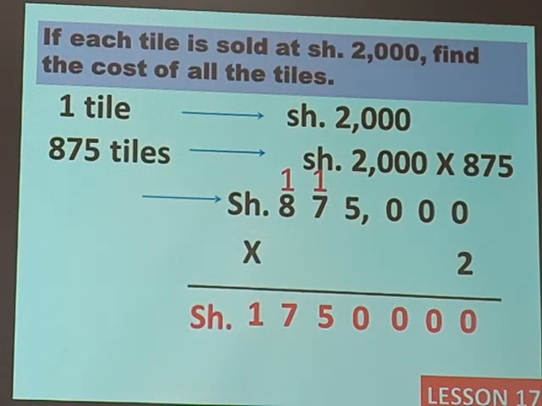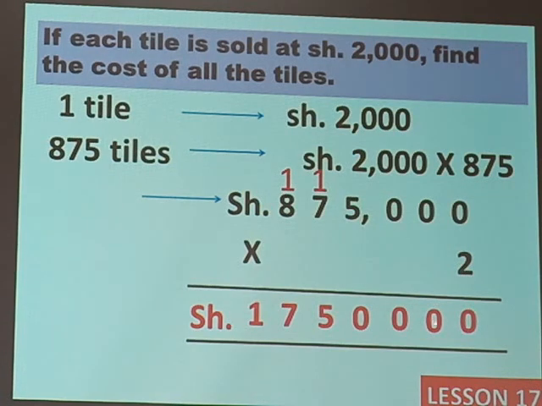Do not forget your units. We're getting the amount of money. So now that's our equal sign. Now we have our answer there, which is 1,750,000 shillings. If one puts the commas, no problem, we can put the commas. But remember, we count from ones.